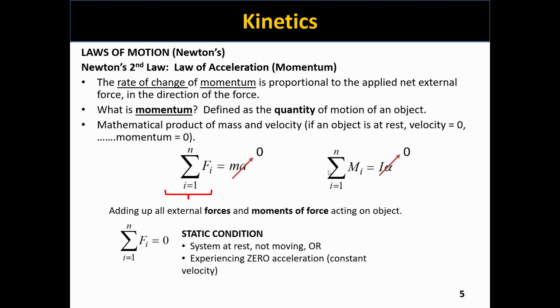Likewise, if we're dealing with a rotating system, and that rotating system has an angular acceleration that goes to zero, then this equation changes to the sum of all the moments of force equals zero. It doesn't mean that there are no moments of force acting on the object. There certainly are, but their net effect will not cause an angular acceleration.